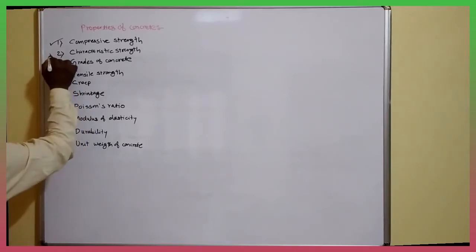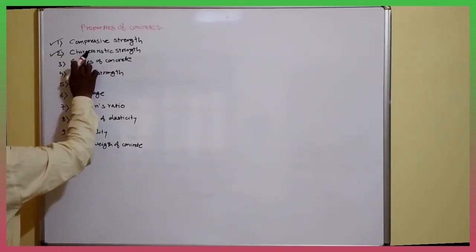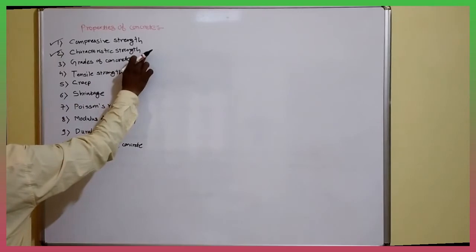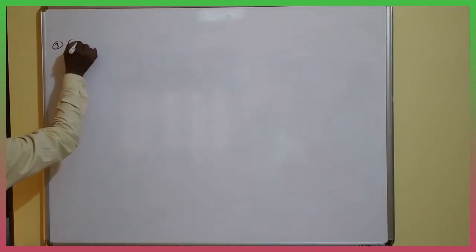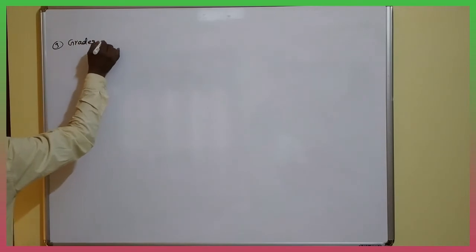So this is about second property, characteristic strength. Third one, grades of concrete.